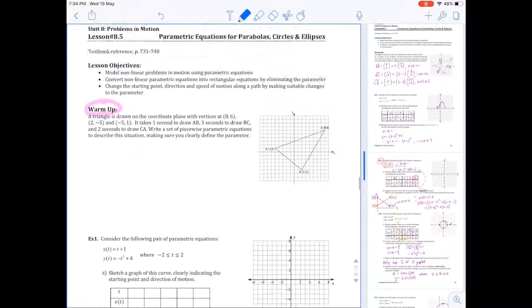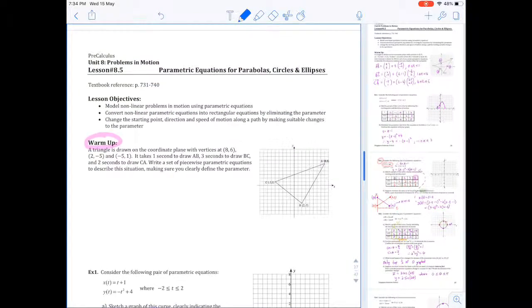One of the really big takeaways as we move into parametric equations for parabolas, circles and ellipses is that the ideas are exactly the same as parametric equations for lines. When we were dealing with lines in a previous unit, we linked the equation of that line to a parameter, usually time. When we restricted the time domain, it restricted the domain of the rectangular graph, which means our line became a line segment.